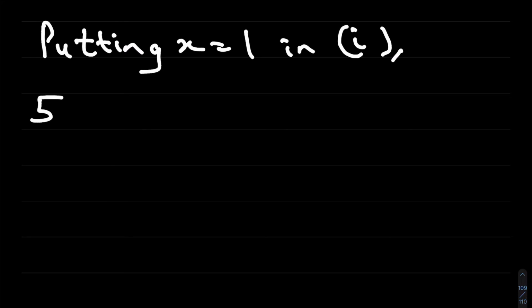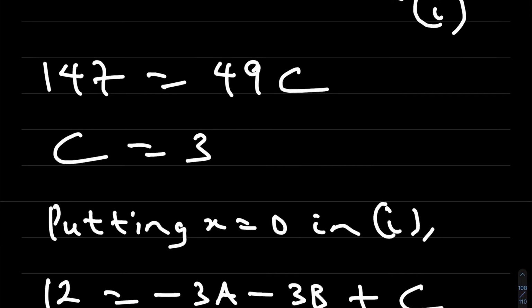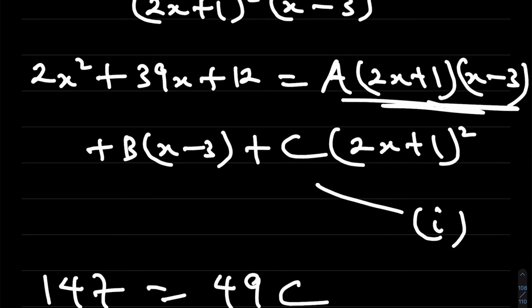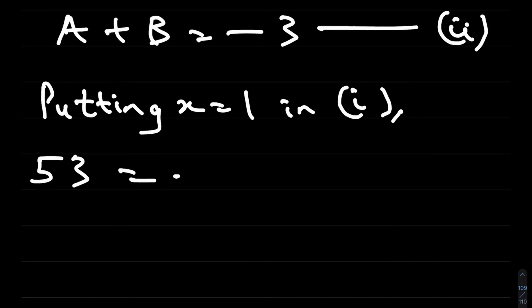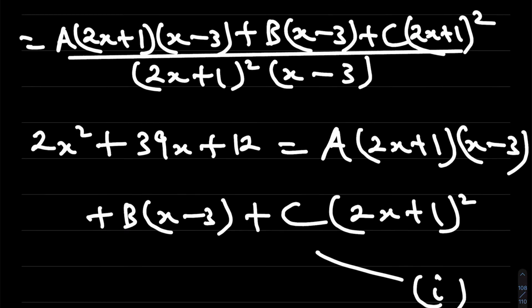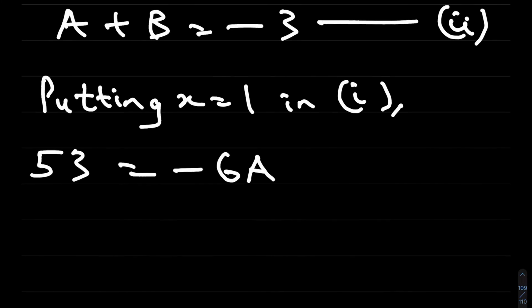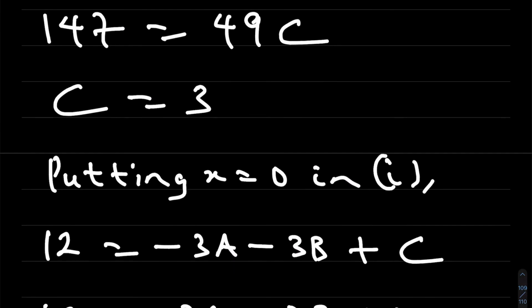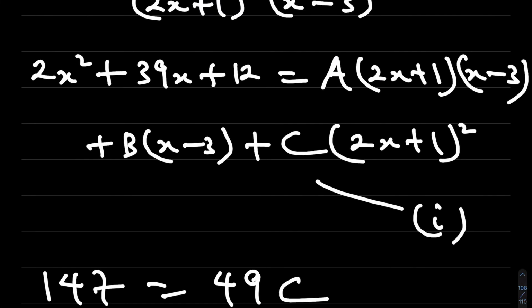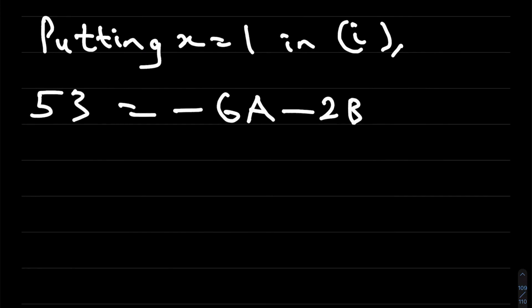That means 53 equals, and on the right hand side this will be 2 times 1 is 2 plus 1, 3, 1 minus 3 is minus 2, and that's minus 6a. The second term on the right hand side will be 1 minus 3 is minus 2, minus 2 times b, that's minus 2b. What's going to be the third term? This will be 2 times 1 is 2 plus 1, 3. 3 squared is 9, plus 9c.